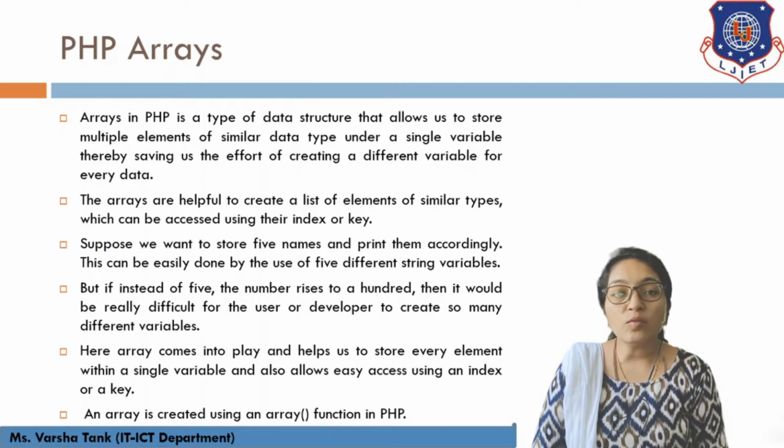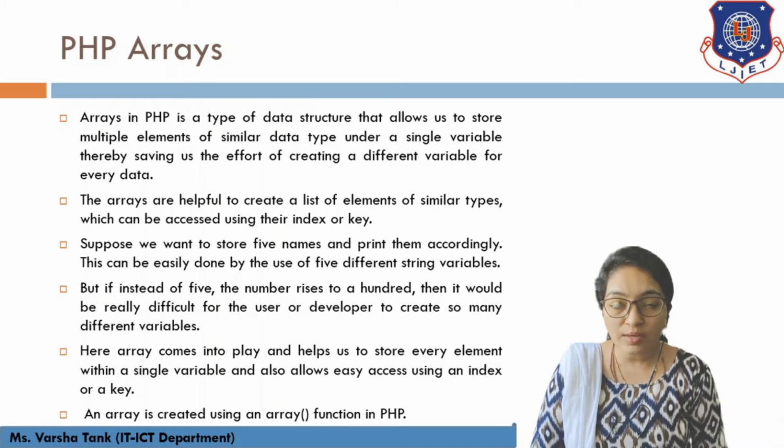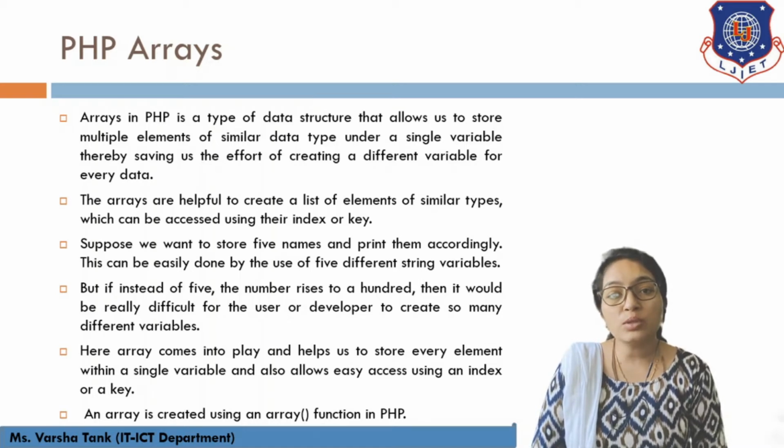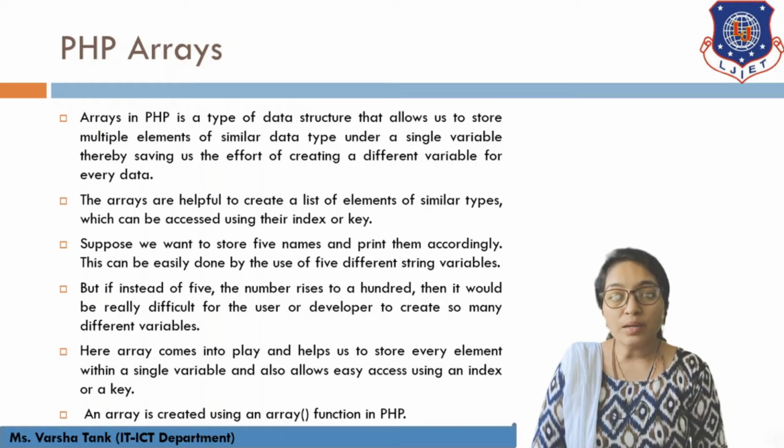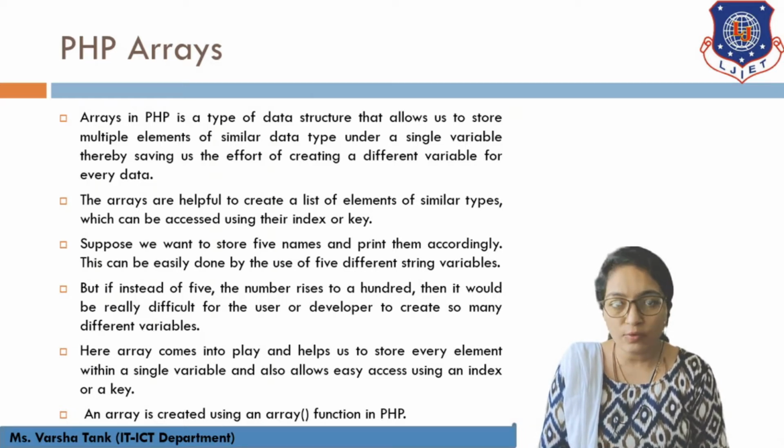Because if we want to store multiple elements of the same data type, there is no need to create the same data type variable again and again. We can use a single variable and store multiple values in the indexes of that particular variable. For example, suppose you want to display red color or anything, suppose hello friends 5 times.